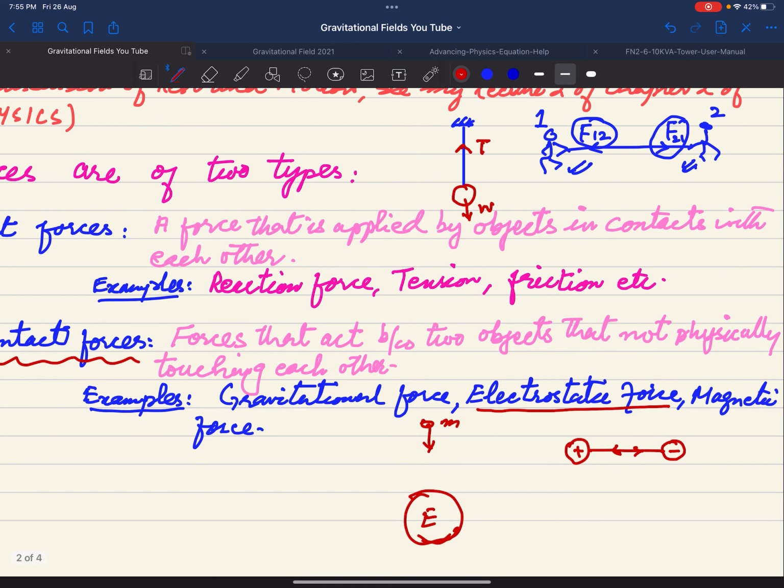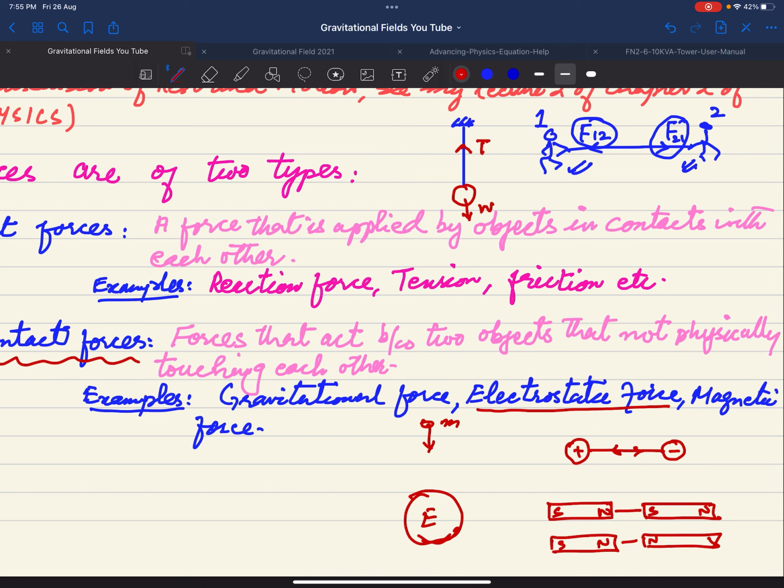Similarly, if you have the situation of a magnet, with north and another magnet with south here, there will be a force of attraction again. And if you have north and north, then there will be a force of repulsion.